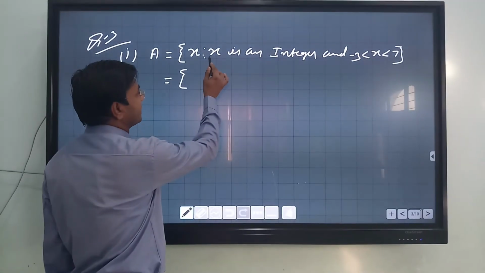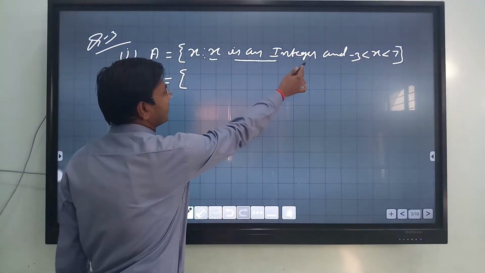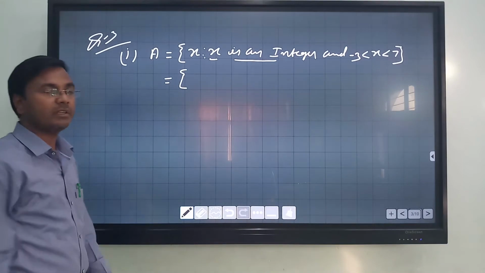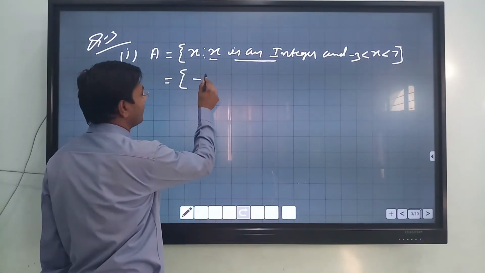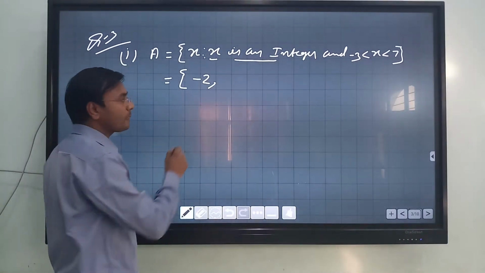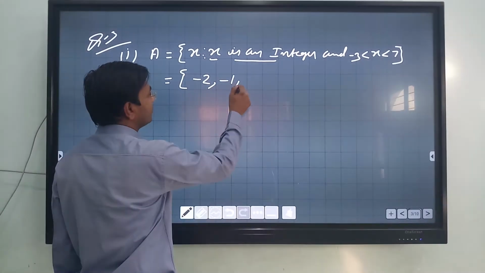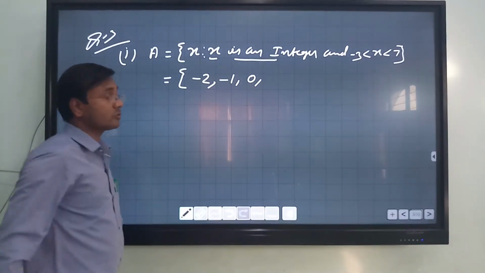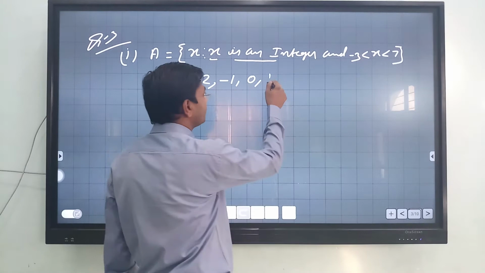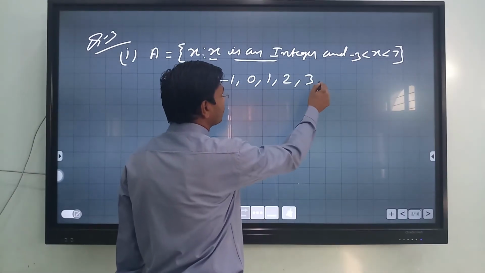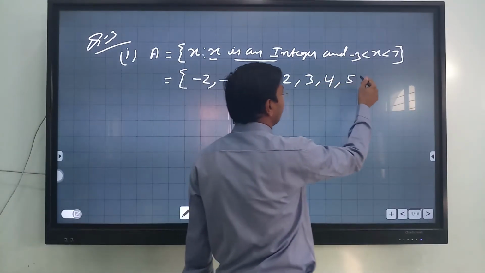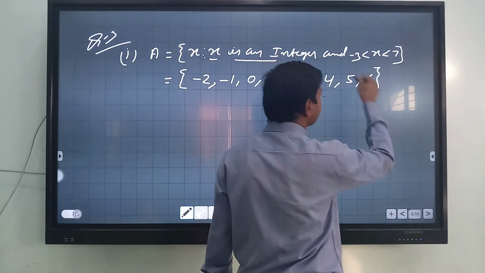So X is such that X is an integer greater than minus 3. So write the integers greater than minus 3, that is minus 2, the next integer, then minus 1. 0 is also an integer. So we will write 0, 1, 2, 3, 4, 5, 6.